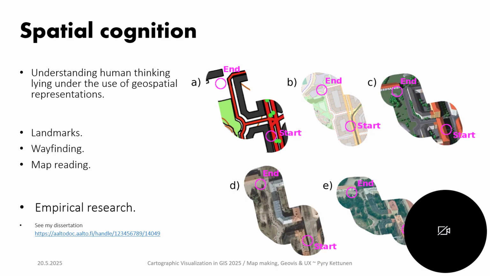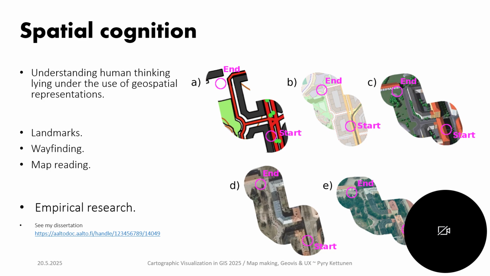But spatial cognition itself is a study of human thinking, which lies under the use of geospatial representations, so maps essentially. There are such concepts as landmarks, which are those elements in the environment through which we think about the environment: building, tree, road, even sky, or so.